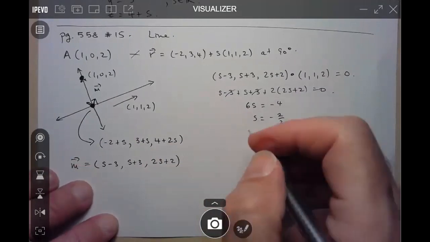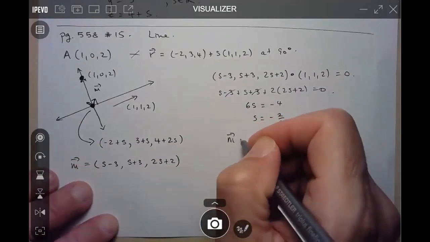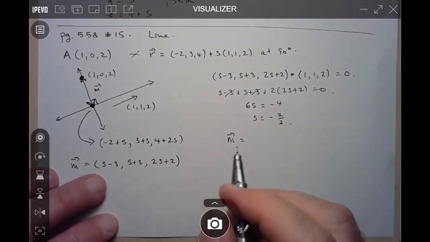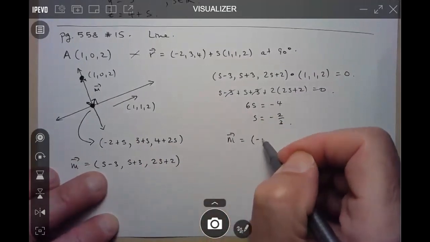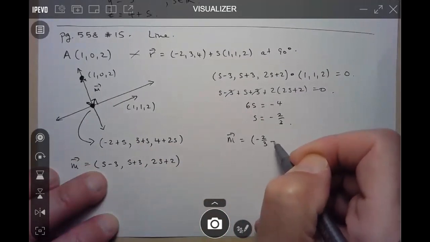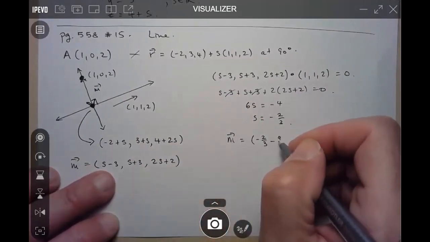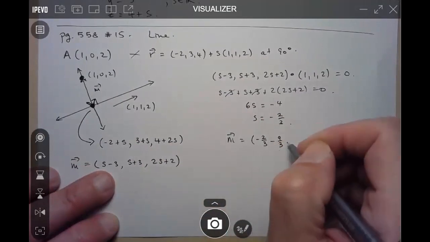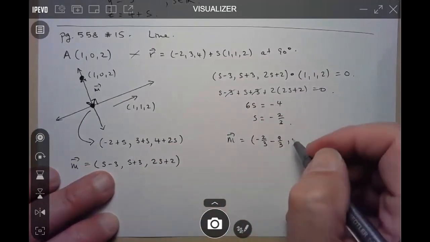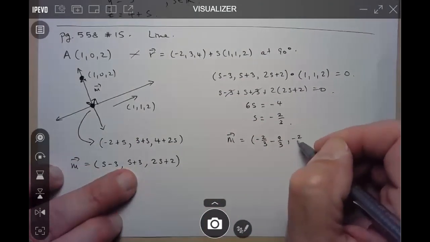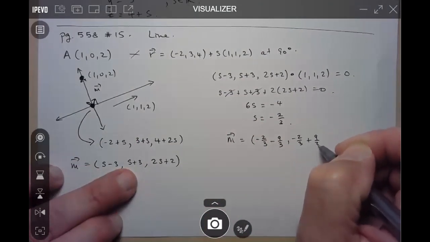So let's see what we get. We get m is equal to, so here, I'll write it out, -2 over 3 minus 3. But instead of writing -3, I'm going to write -9 over 3, so they have the same denominator. So here, s plus 3, -2 over 3 plus 9 over 3.